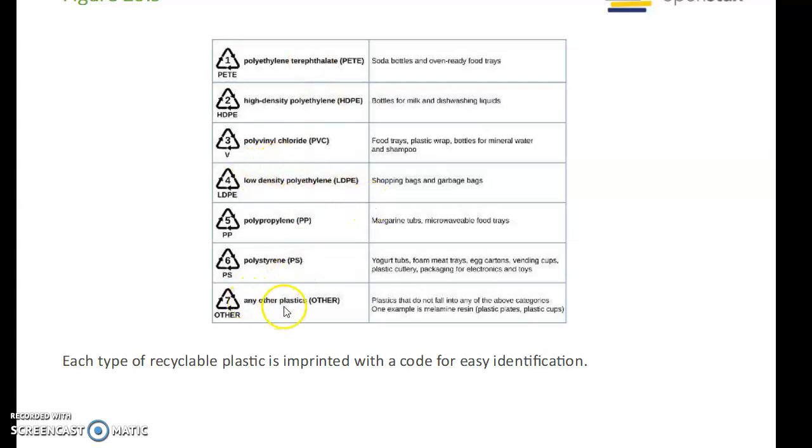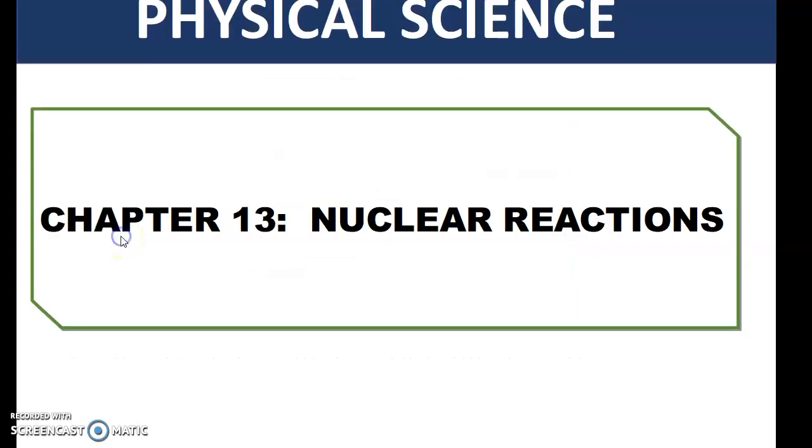It tells you what the different ones can be used for and then how they can be recycled. So it's a good way to reuse the things that we have.